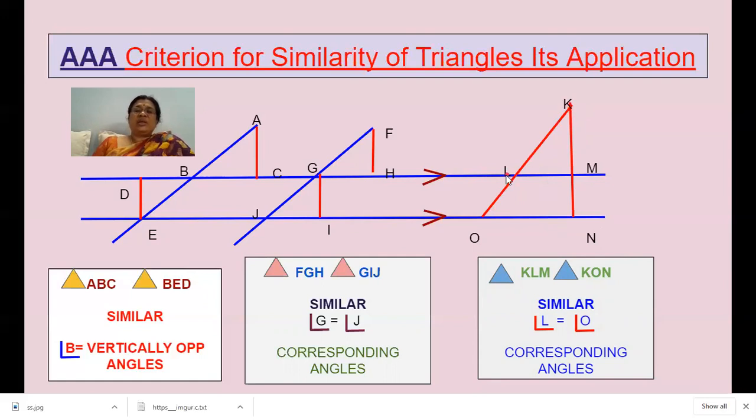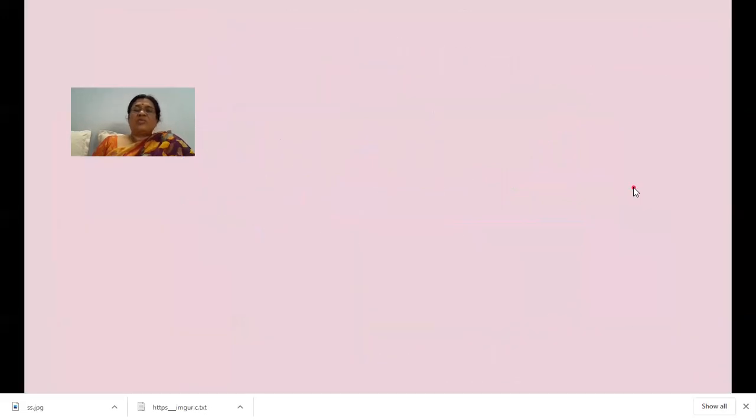Therefore, KL by LO equals KM by MN. And this angle will be the same. Angle K and angle K will remain the same when you compare the big triangle with the small triangle. So by angle side, you can say that these two triangles KLM and KON are similar with each other.